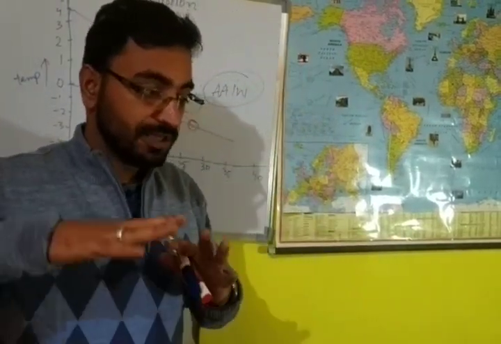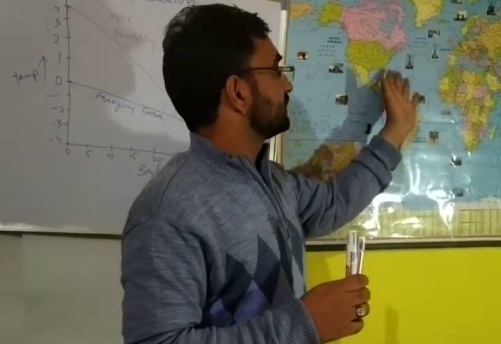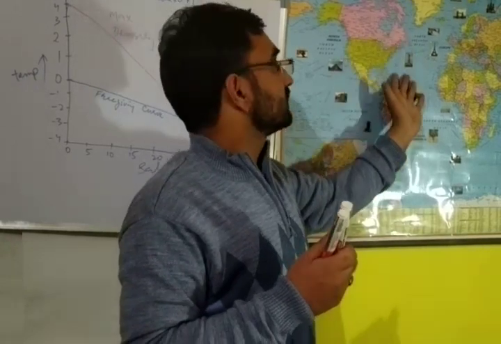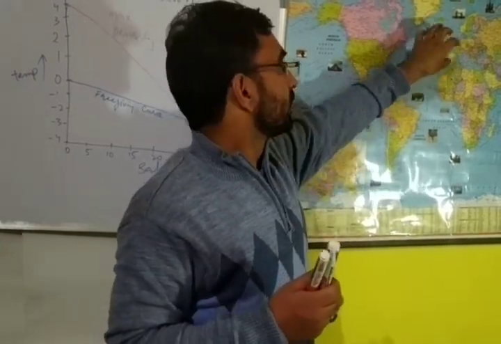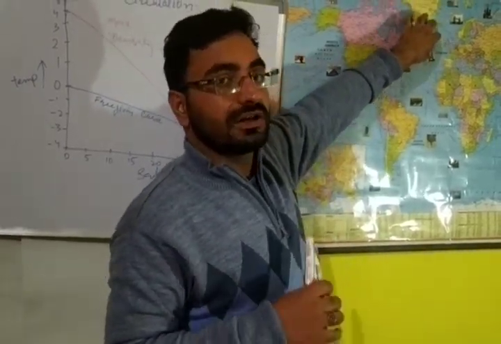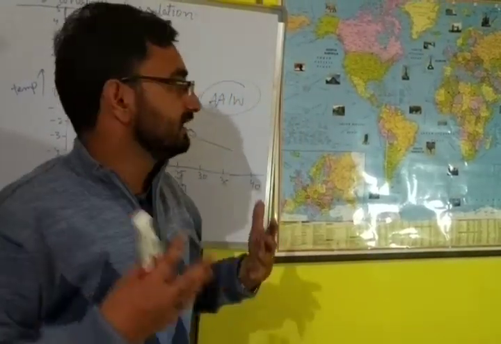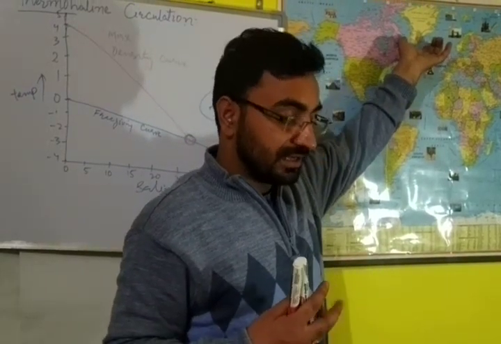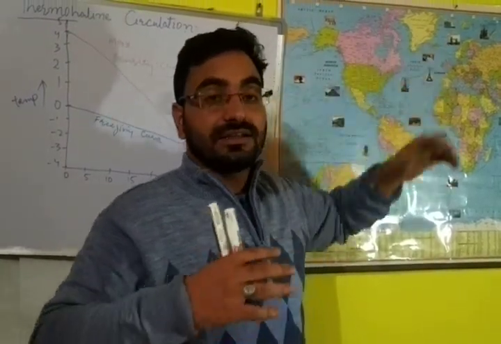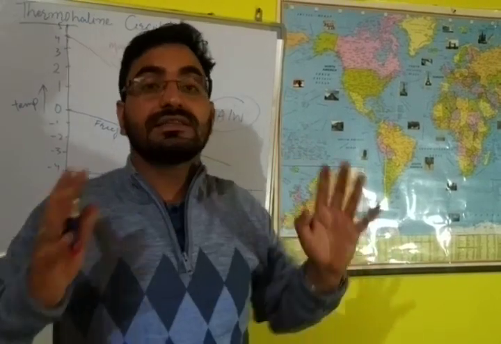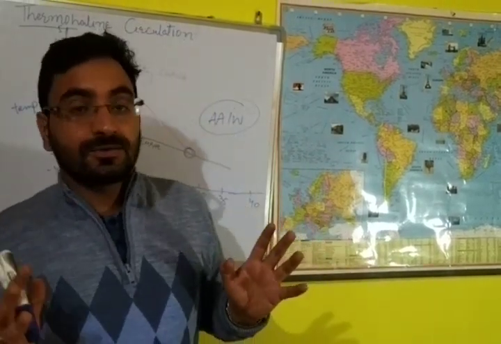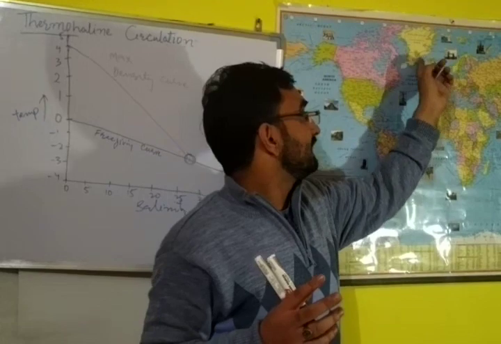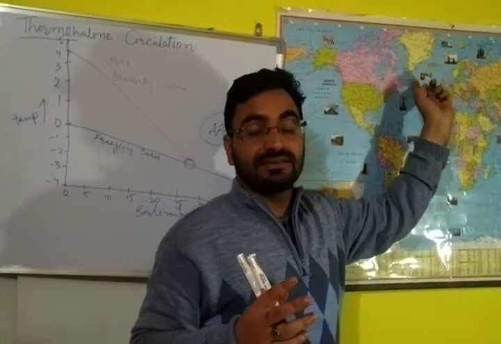Now, another effect: if this Gulf Stream does not go to the northern region, or if there is any decrease in the amount of water or heat taken from the equator towards the polar regions, there will be a rise in the ice caps. So there will be more ice caps. The melting of ice caps will not take place in this area.